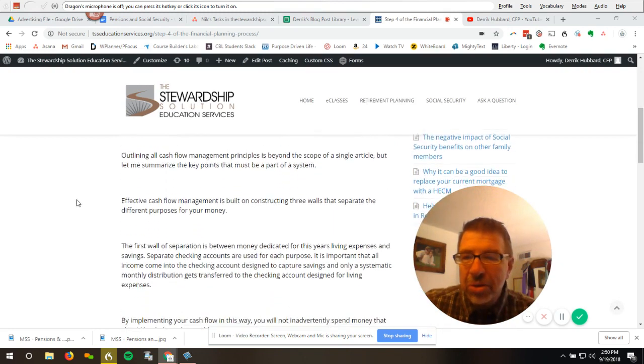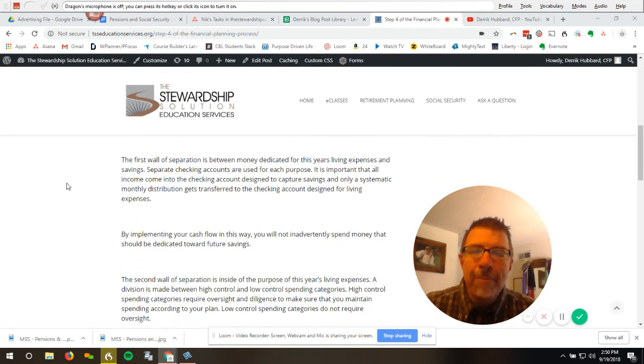So let's talk about the first wall of separation, and that is having a wall of separation between living expenses and what is not living expenses, or it could be savings in the short term or savings in the long term. You need to have a dedicated account or accounts, plural, for living expenses, but a completely separate account for short-term or long-term savings.